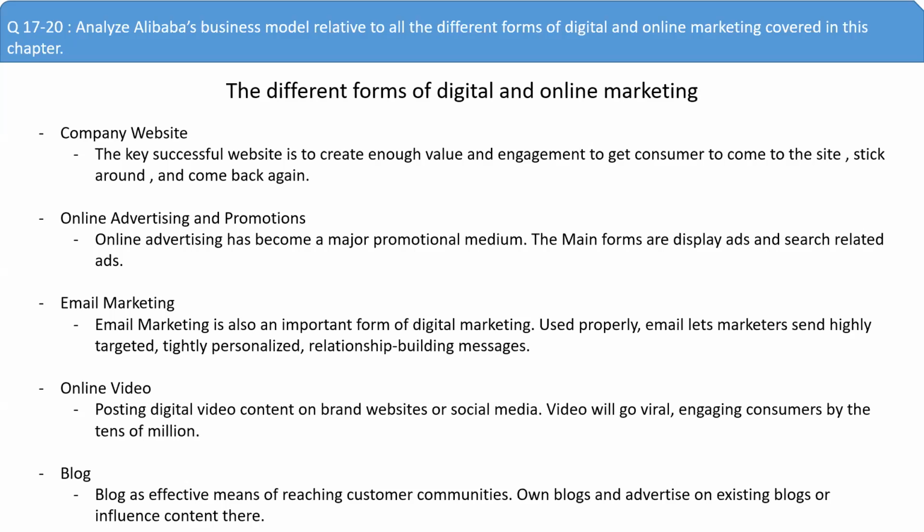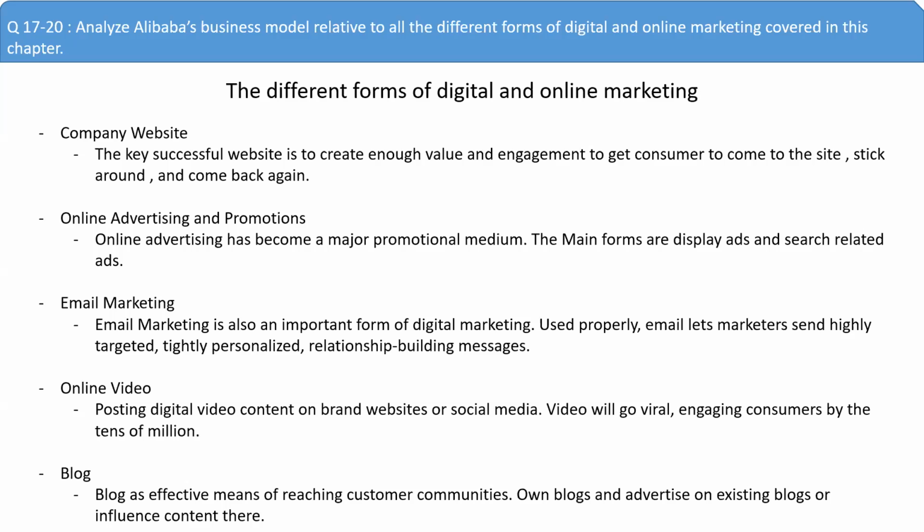There are 5 things: company website, online advertising and promotion, email marketing, online video, and blogs. For the company website, the key to a successful website is to create enough value and engagement to get consumers to come to the site, stick around, and come back again. That is the main purpose of the company website.